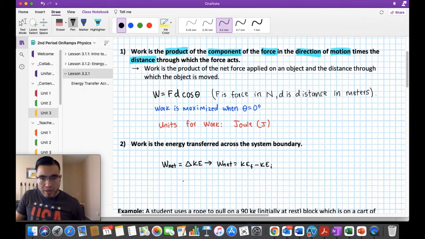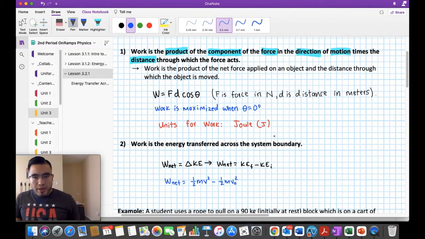And then we can even expand this because we know the equation for kinetic energy. So we can say work equals, let's assume the mass is not changing, 1/2 mass times velocity final squared minus 1/2 mass times velocity initial squared.